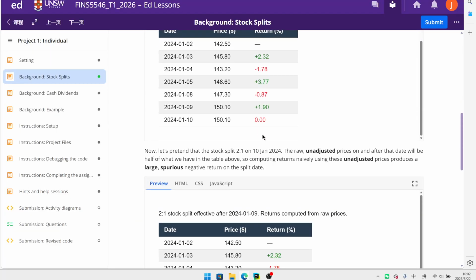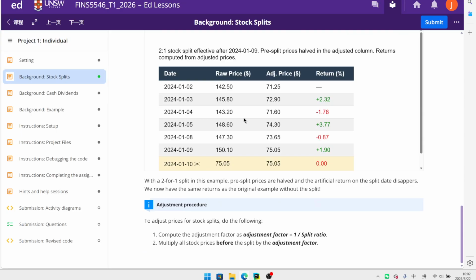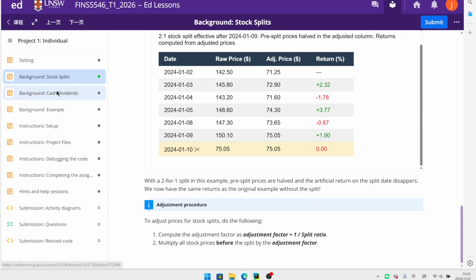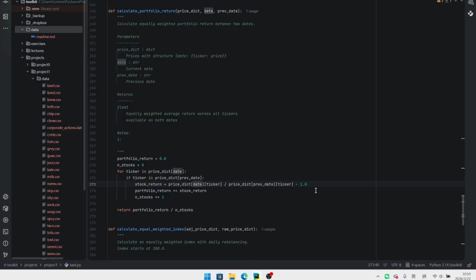Without the split, the factor applies. How to calculate the return? It's accumulated, the number and the line, it's equally weighted. Yes.